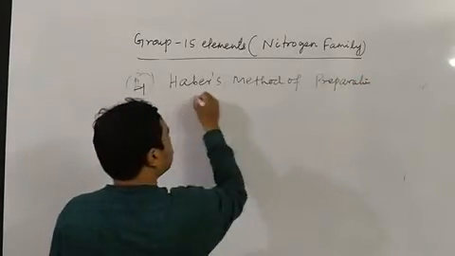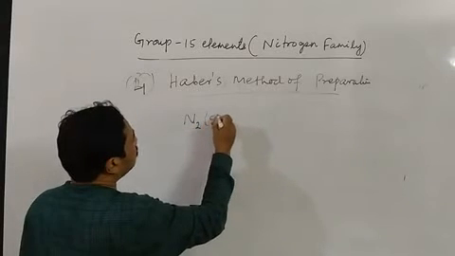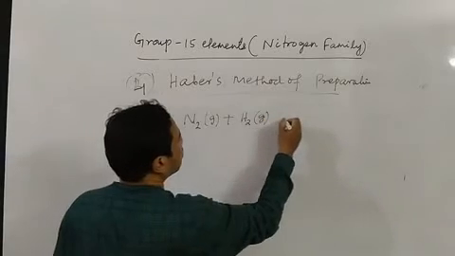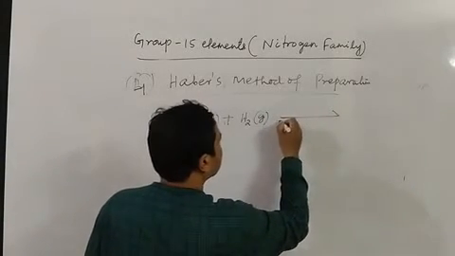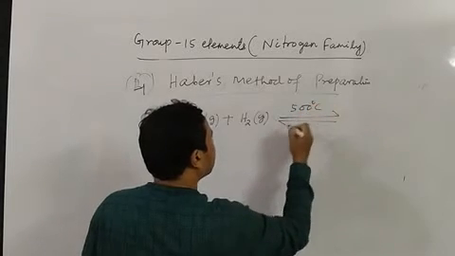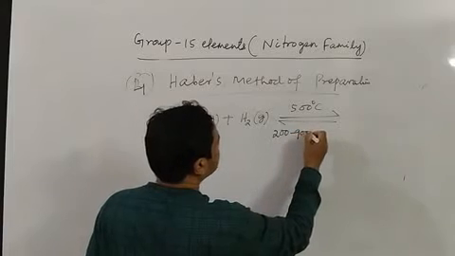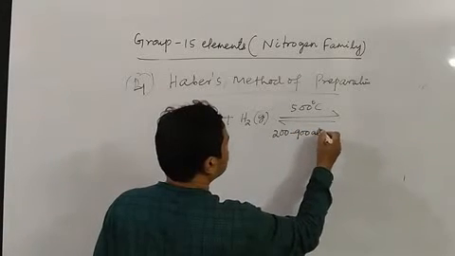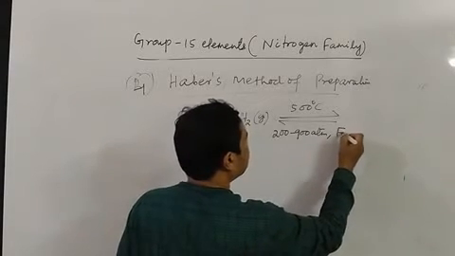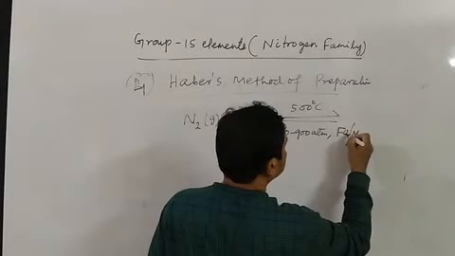In this method, nitrogen gas combines with hydrogen gas at 500 degrees Celsius under a pressure of 200 to 900 atmospheres, in the presence of a catalyst like iron and molybdenum.